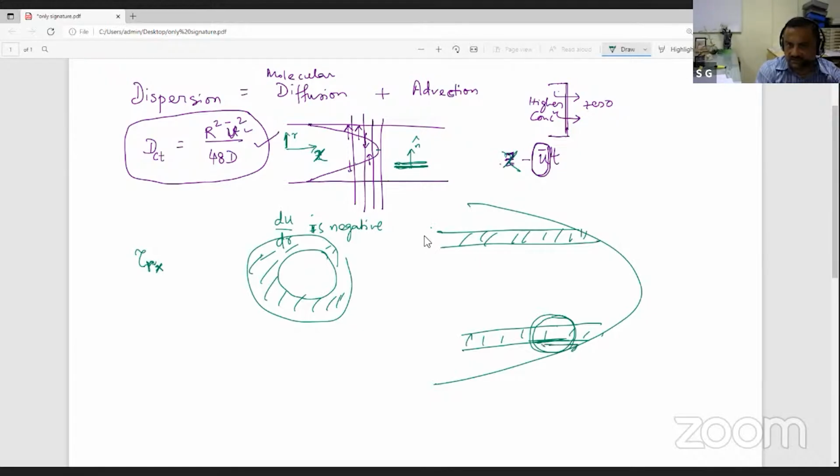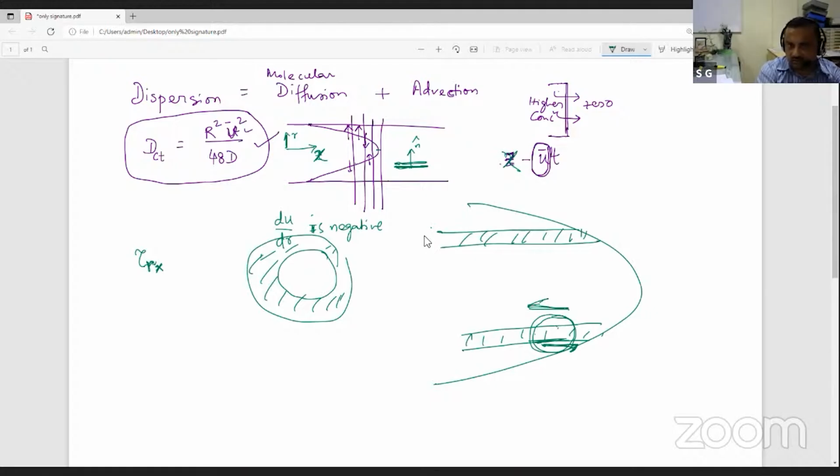Whereas this layer has a higher velocity compared to this layer, so this plane is imposing a shear stress back in this direction. So you can see that in the presentation I have drawn tau rx at r plus delta r and tau rx at r. This is in this direction and this is in this direction.